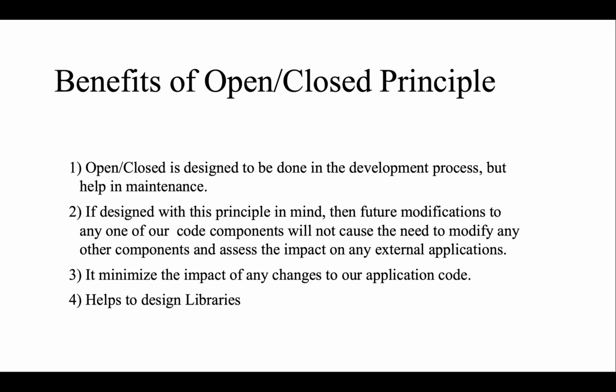It minimizes the impact of changes to our application code. That's a very big achievement, and the open and close principle helps us to design libraries. So these are all the advantages of the open and close principle.